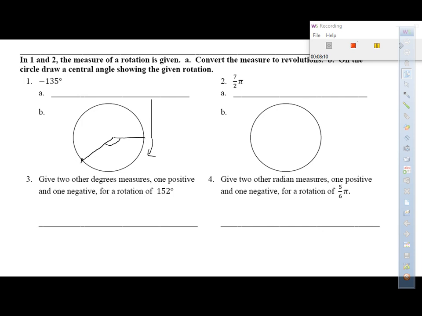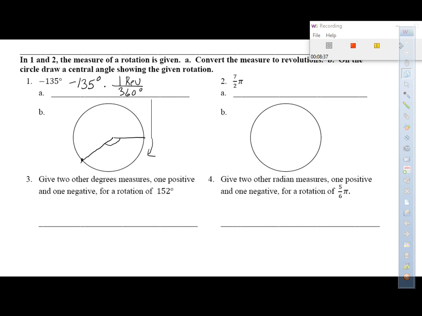So we're going to convert that negative 135 to a measure of revolution. So here goes. To do this, I'm going to say there's 135 degrees. I need some ratio that works with degrees and revolutions. And when I do this, I need degrees on bottom. So I'm going to say in one revolution, there's 360 degrees.